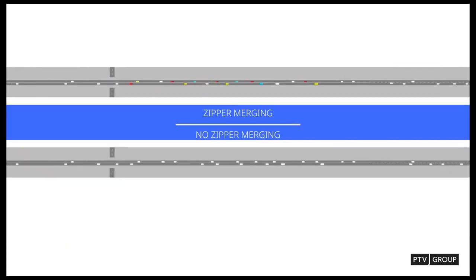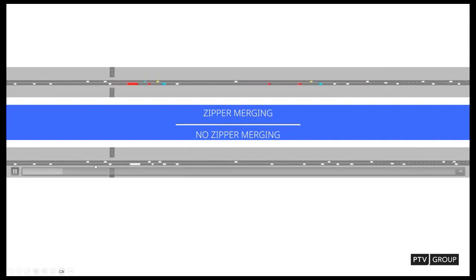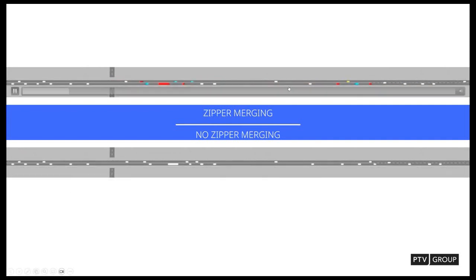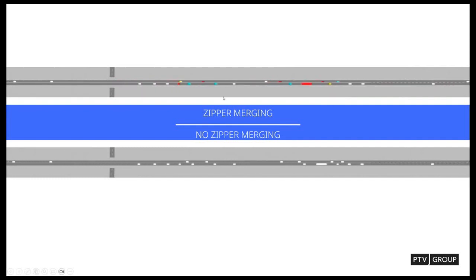So therefore, to really see the effect, I've prepared a model which most clearly shows the effect of zipper merging. First you have a stretch of road where changing lane is forbidden, that's here, and then it's allowed on a relatively short stretch of the road.